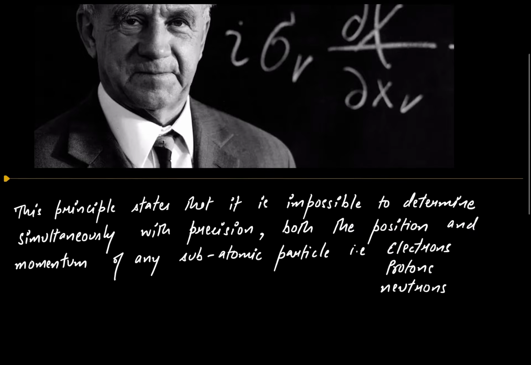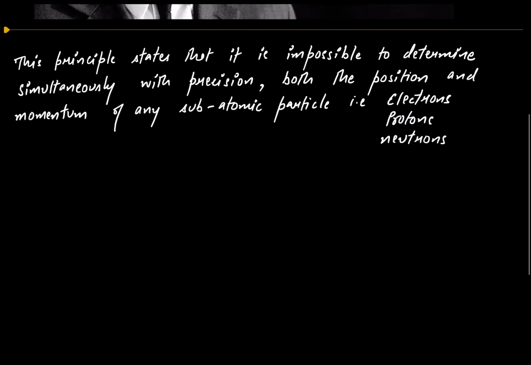First of all, we will have the error in calculating the position and the momentum. So let's talk first about the error or uncertainty in measuring the position of electron.